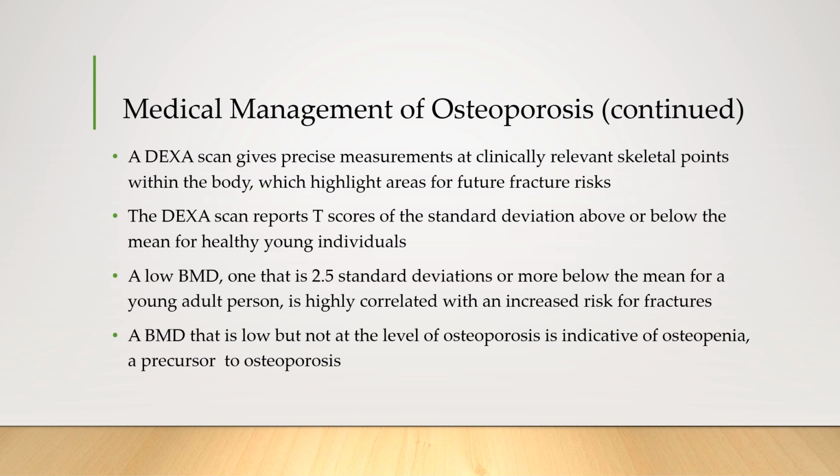So a low BMD, one that is 2.5 standard deviations or more below the mean for a young adult person, is highly correlated with an increased risk for fractures. A BMD that is low, but not at the level of osteoporosis, is indicative of osteopenia, and that is a precursor for osteoporosis.